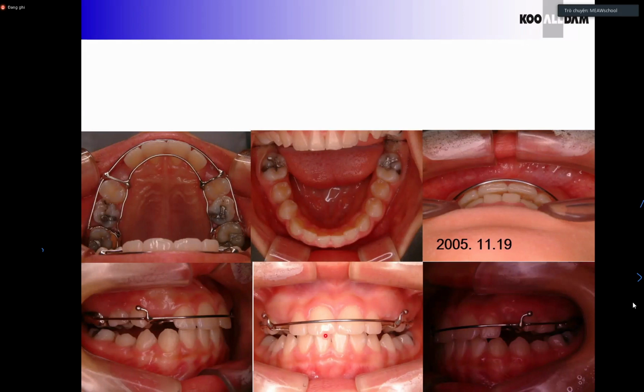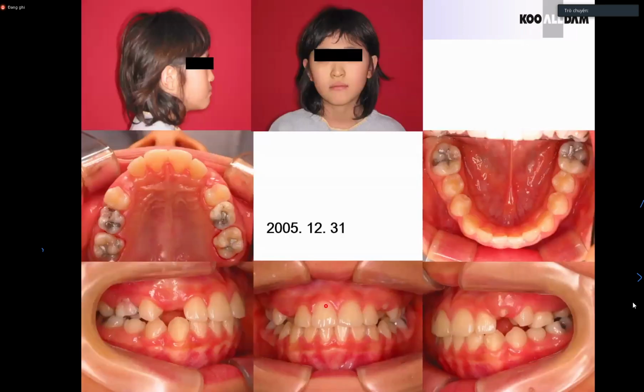After correction of the anterior crossbite, how can we maintain this kind of correction? So in December, I want to remove the whole appliance. We can see the class 1 molar relationship.